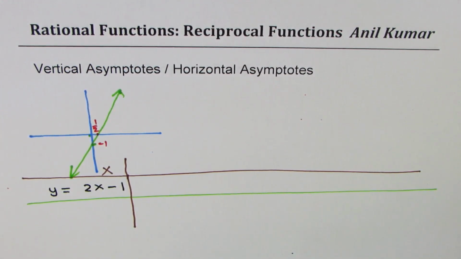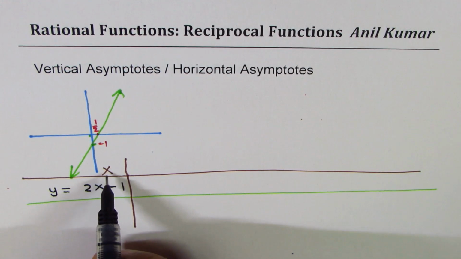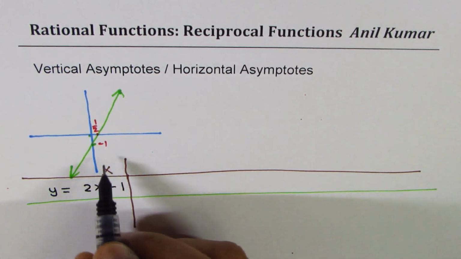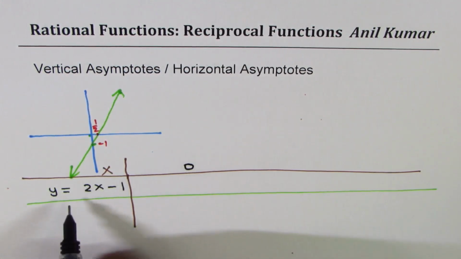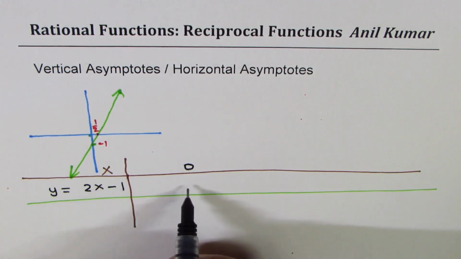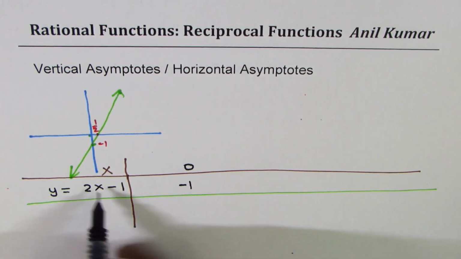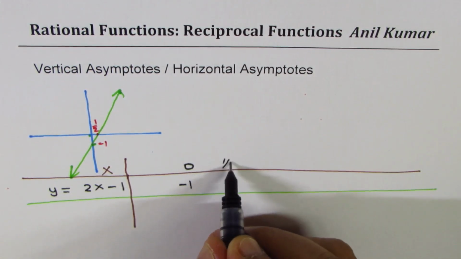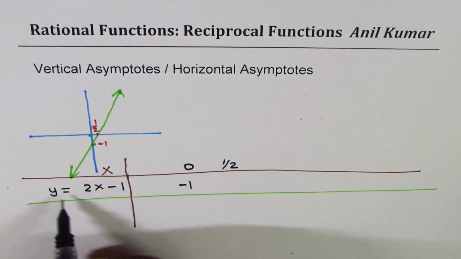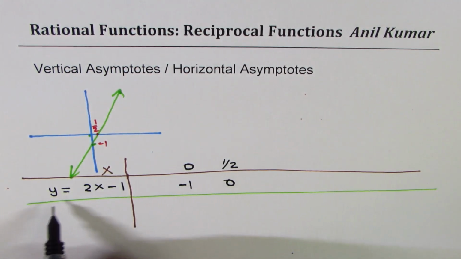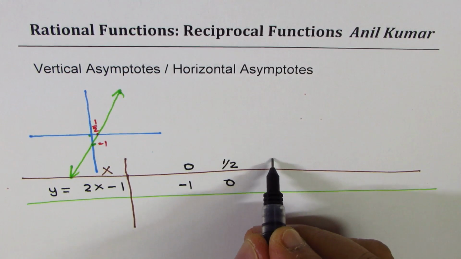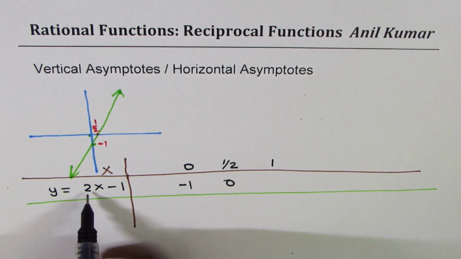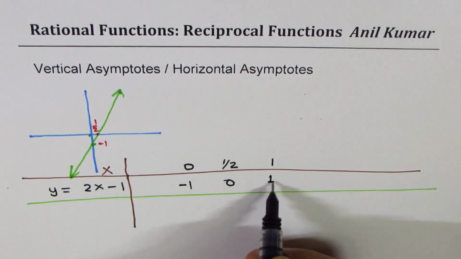If I write x equal to 0, in that case y equals 2x minus 1, which is minus 1. If x is half, in that case y is equal to 0. If x is 1, it is 2 minus 1, which is 1.